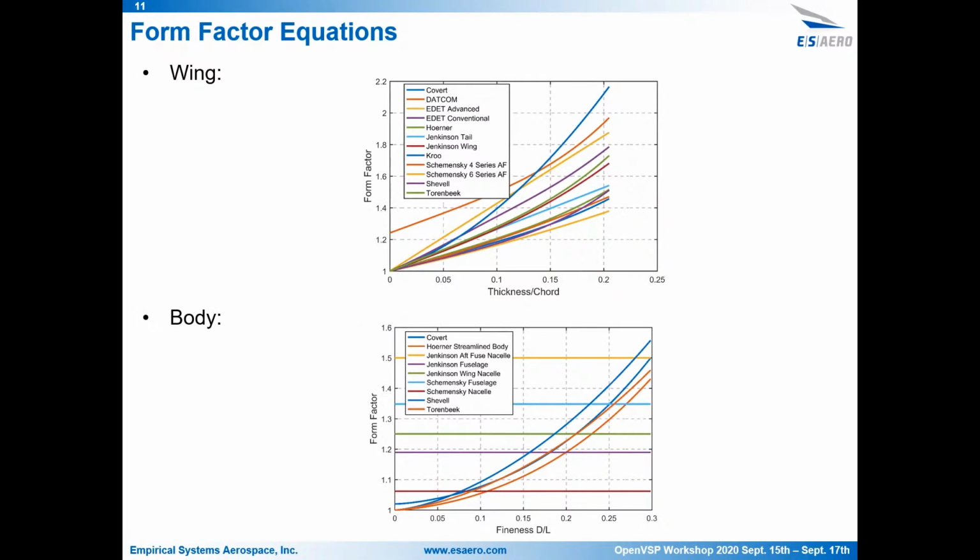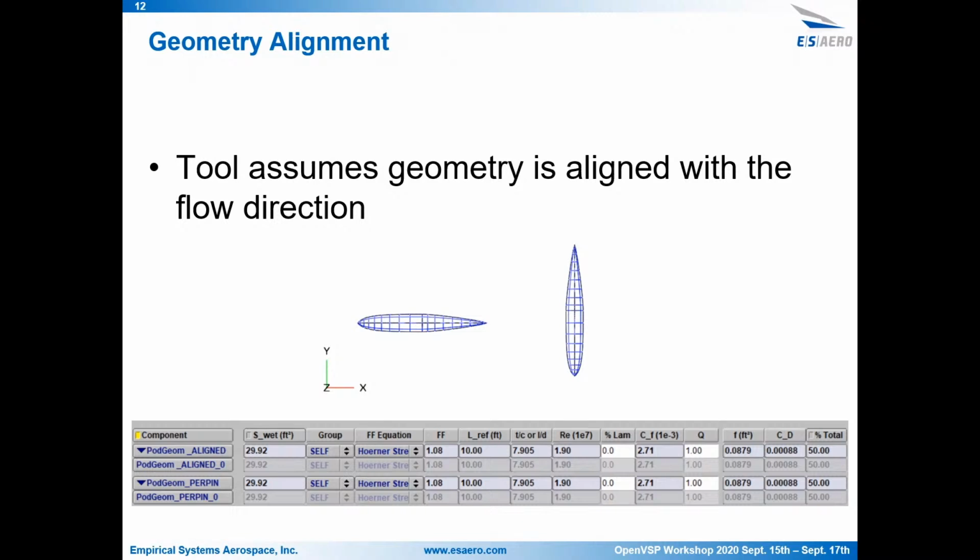And then one other common item that I did want to point out here is the geometry alignment. The tool doesn't make any distinction between a pod.